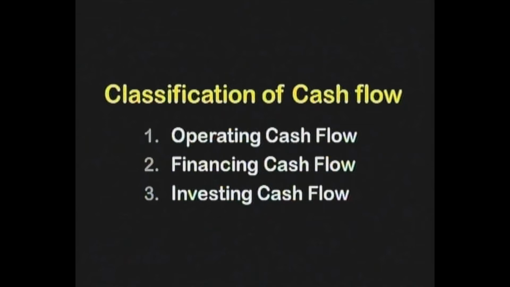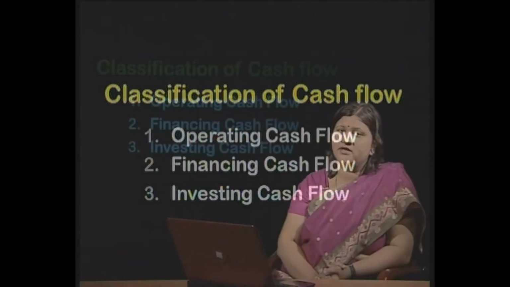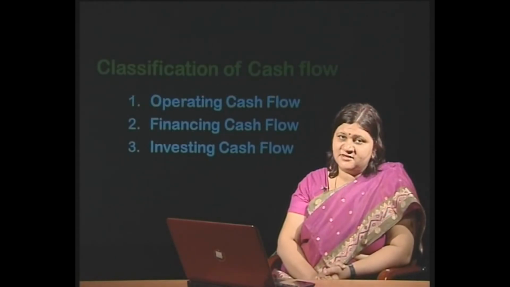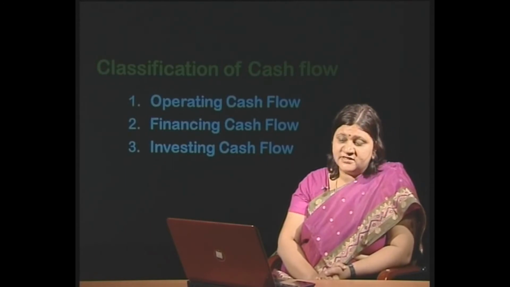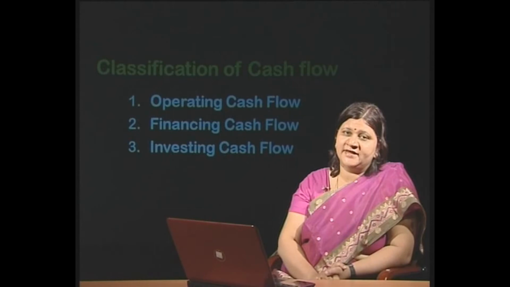So, the entire cash inflow or outflow in an organization will be classified and accumulated under the respective head, and the net amount of each of these items would be clubbed, and we will get the final cash equivalents, and we will add it to the opening balance so that we get our closing cash equivalent.